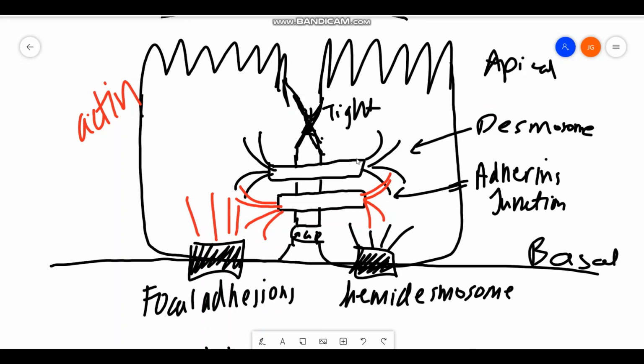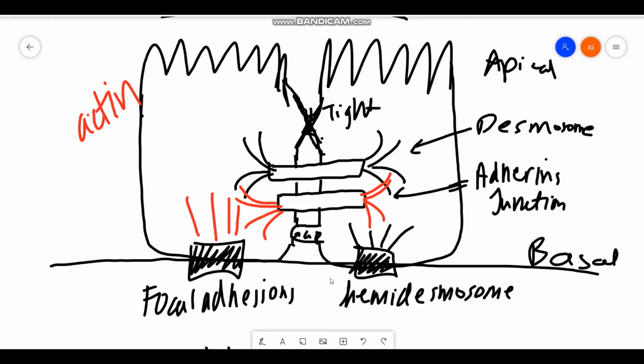You have your 4 different kinds of anchoring junctions: desmosomes, adherens junctions, focal adhesions, and hemidesmosomes. Essentially, desmosomes bind to intermediate filaments, adherens junctions bind to actin filaments, and they are both reliant on calcium-dependent binding proteins called cadherins. And you have your gap junctions, which are tightly regulated channels lined with proteins called connexins.